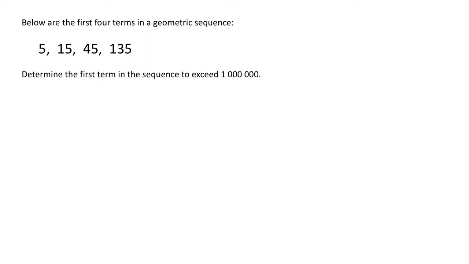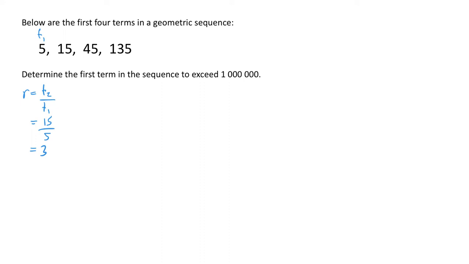To write the rule, I need the first term, which is 5, but I also need the ratio. I can divide T2 by T1, so 15 divided by 5, which is equal to 3. So my common ratio is 3.